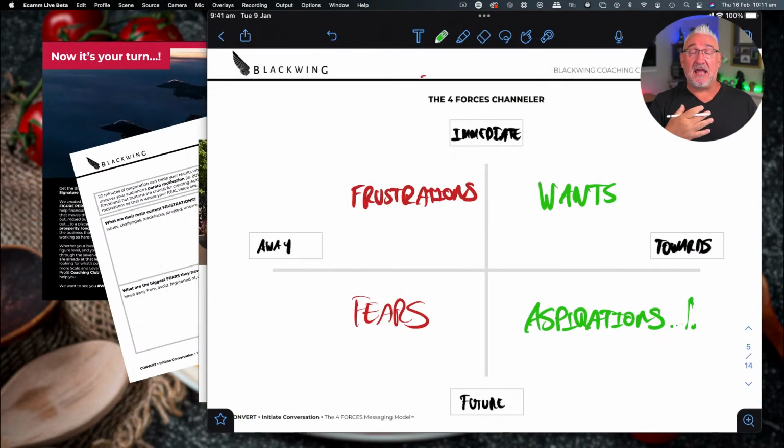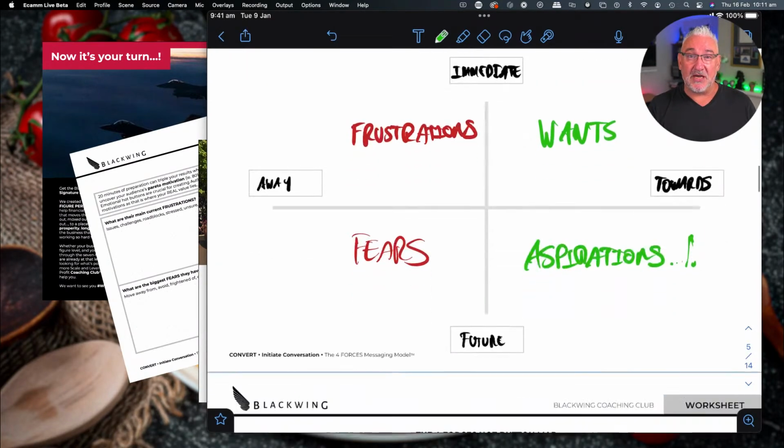We want them to understand that they've got a problem and that you've got the solution for that problem. So that's why it's really critical to get this part right. That's the name of the game at the end of the day, and it's an incredibly powerful skill for a financial planner to possess. So the first thing here is to get your head around the four forces, the frustrations and fears and the wants and aspirations, and start to speak in that language, okay?